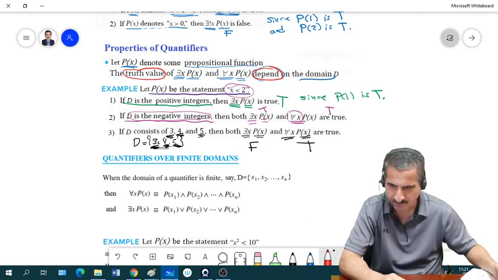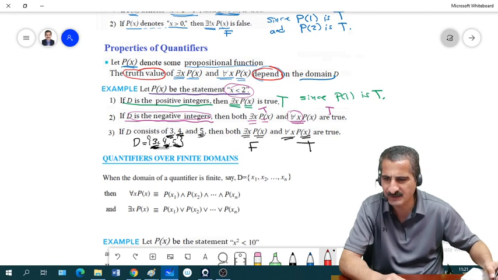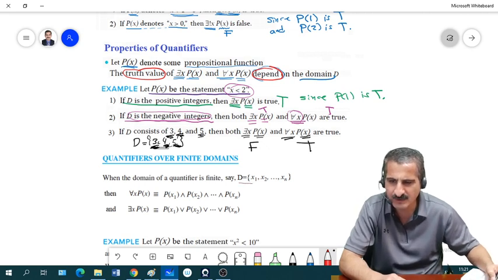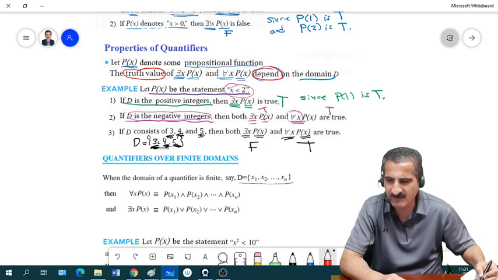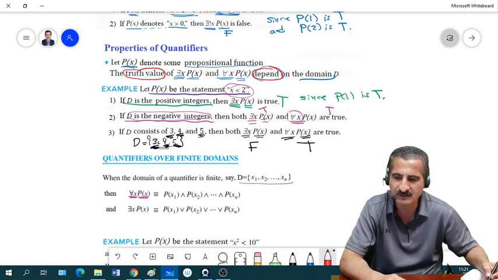Okay. Now, as we have seen in the last example, we may have a domain that is finite. In this case, to have P of x be true for every x, that means we want it to be true at every one of these: here, here, and here.